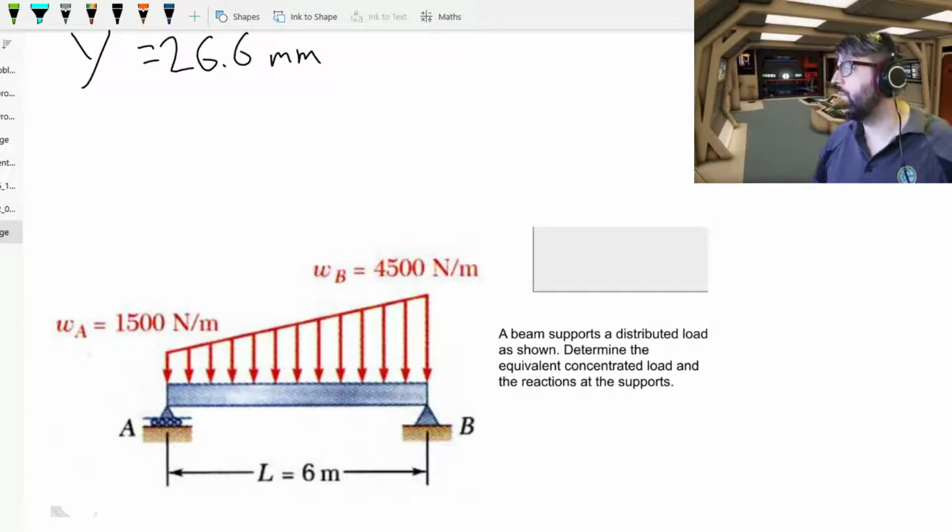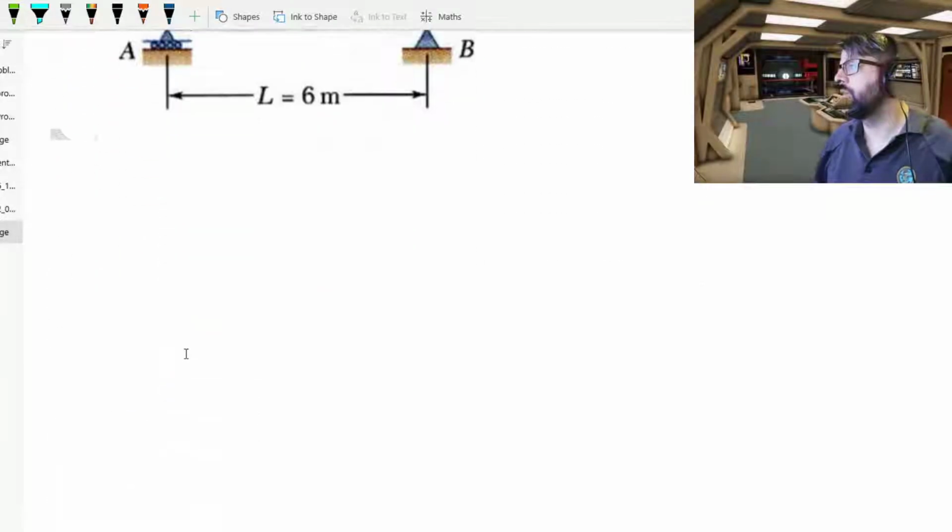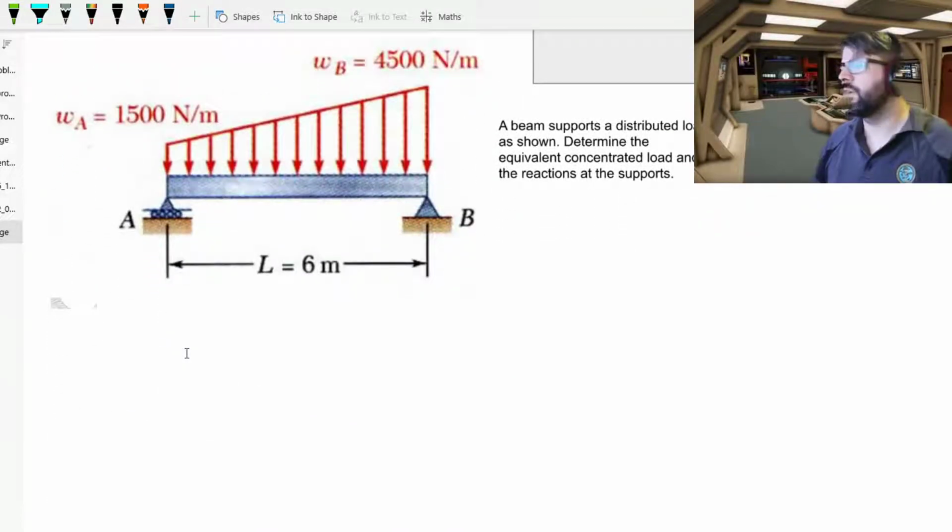So we have this shape here. That's not a uniformly distributed load, and it's not a triangle. But what it is, it's a combination of the two.